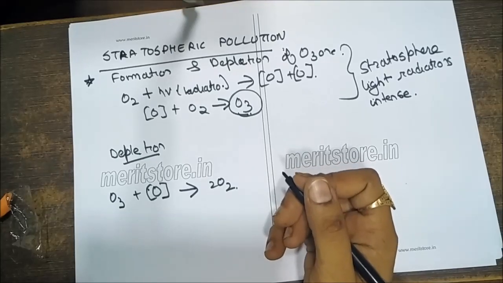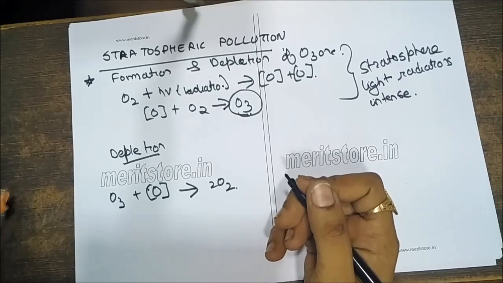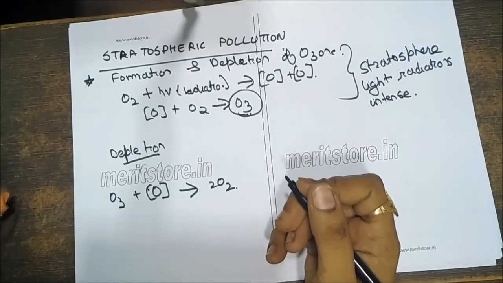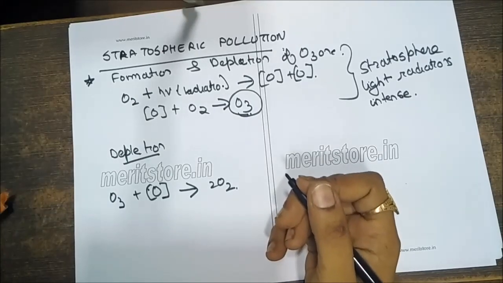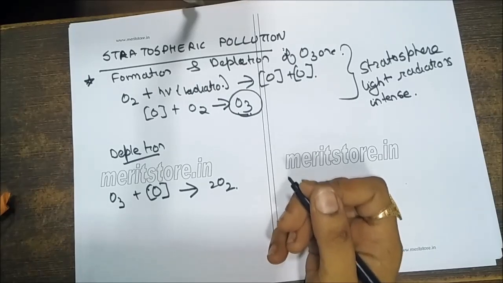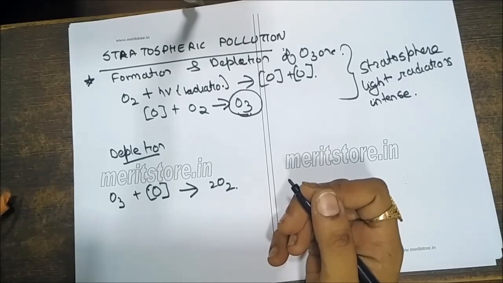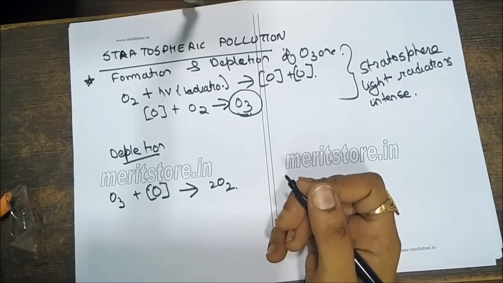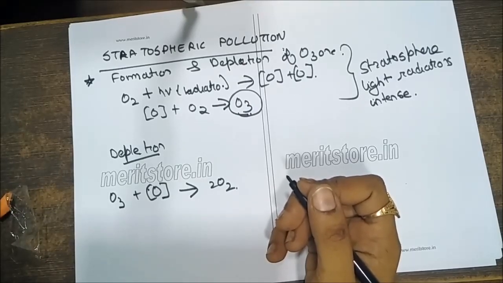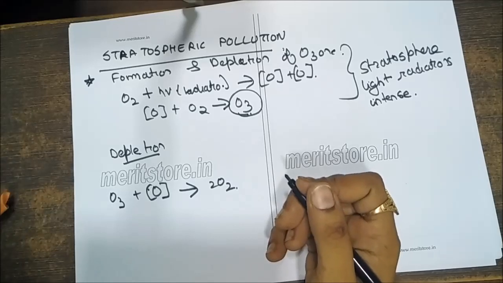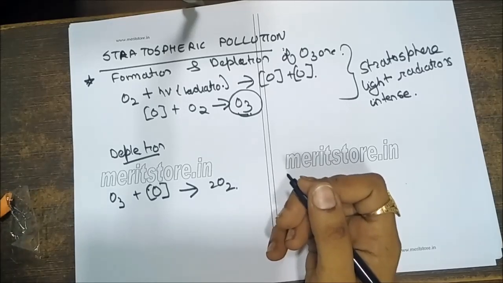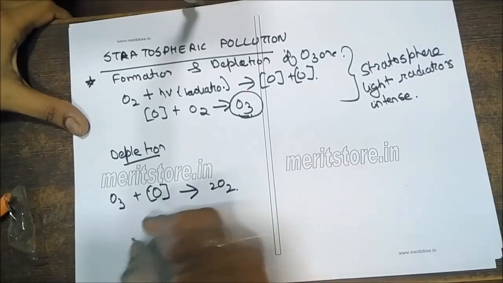Now, potentially, a very serious threat to the stratospheric ozone comes from emission of chlorofluorocarbons. Chlorofluorocarbons are widely used in electric equipment like refrigerators and air conditioners, and they have a very harmful effect in depletion of the ozone. It is said that for every chlorine atom that is released, as many as 100,000 molecules of ozone are destroyed.